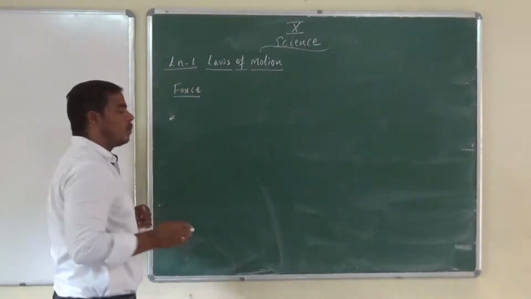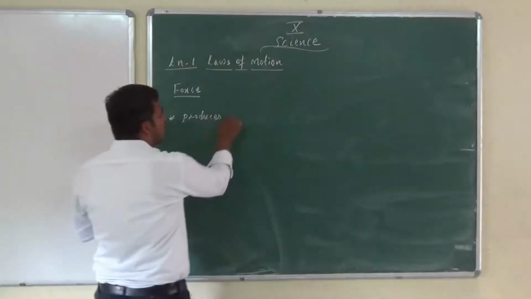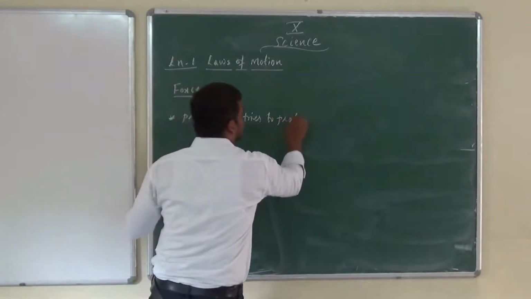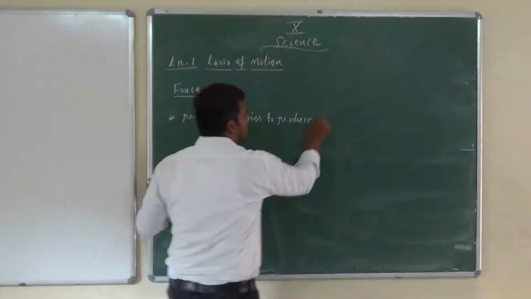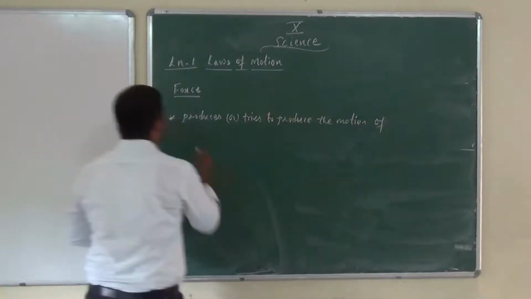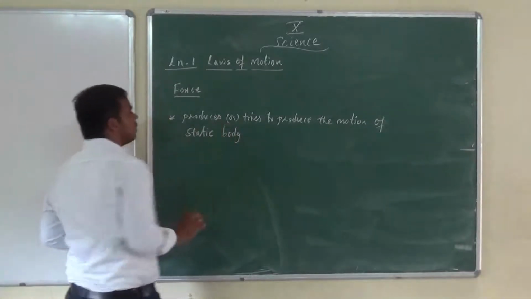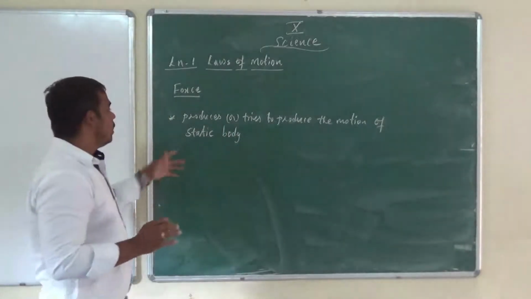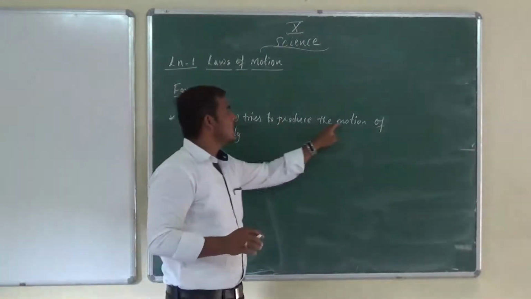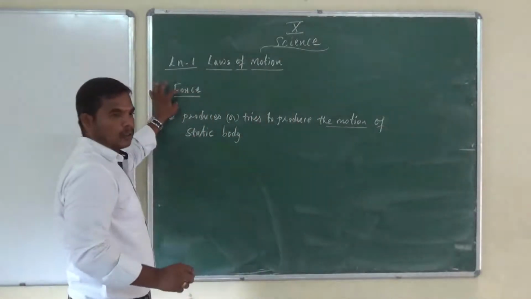Due to the force, it produces or tries to produce the motion of a static body. Here static means the object without movement, in the rest position. So it produces or tries to produce the motion of a static body: the effect of force.